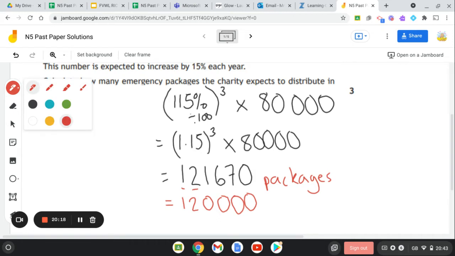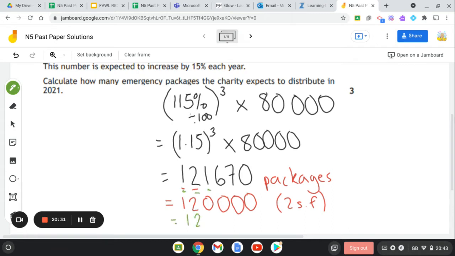In the red, that is to 2 significant figures. If the question asks you to round it to 3 significant figures, 1, 2, 3, your answer would be slightly different. It would be 122,000 packages, and that would be to 3 significant figures.